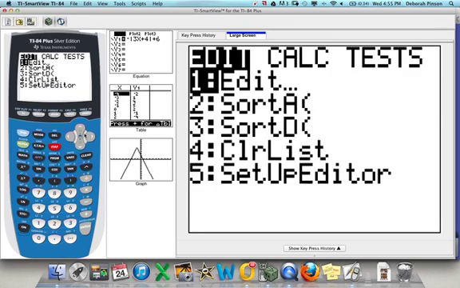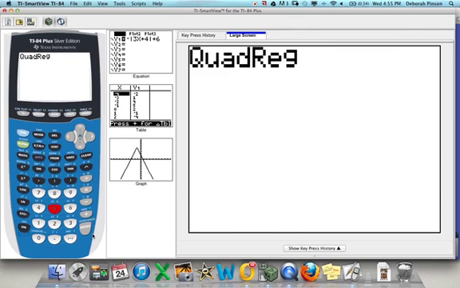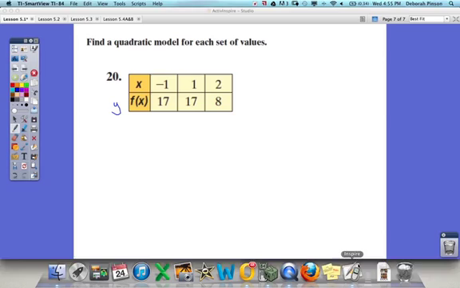And then I want to go get the quadratic regression, which is number 5 here. I put it in list 1 and 2, so enter. Okay, so here's my A, here's my B, here's my C. So let's write out our answer.